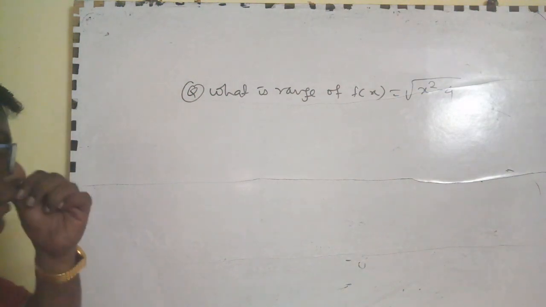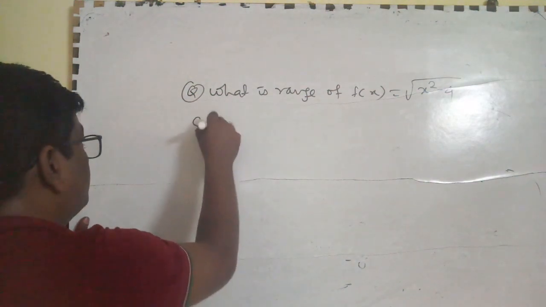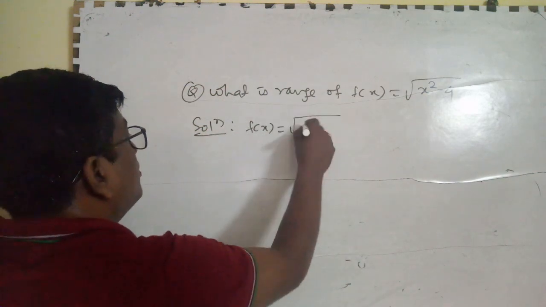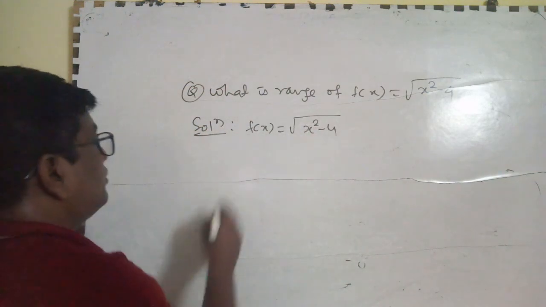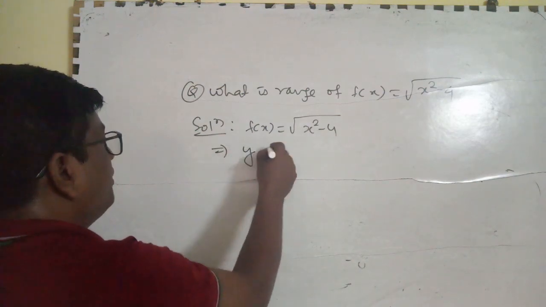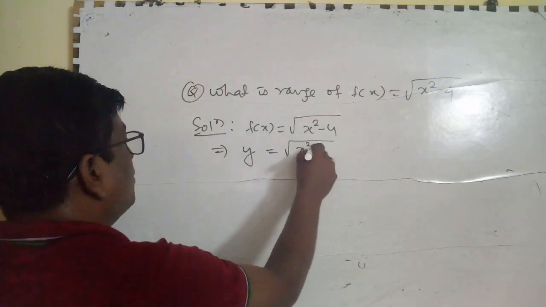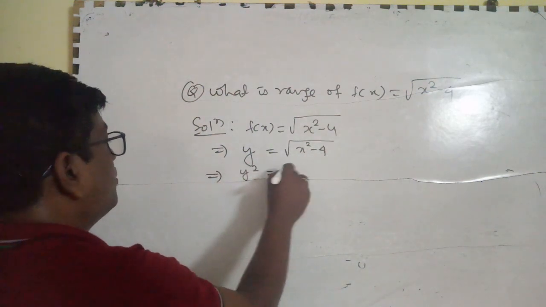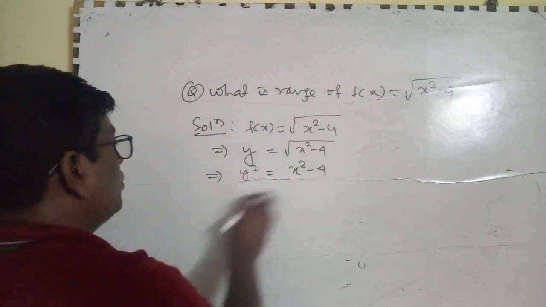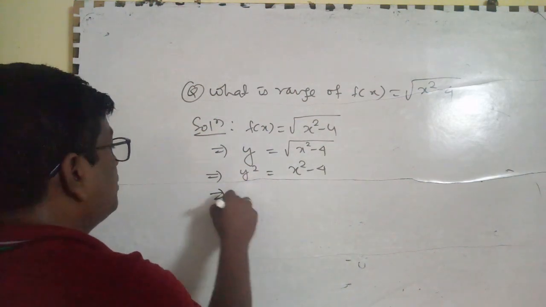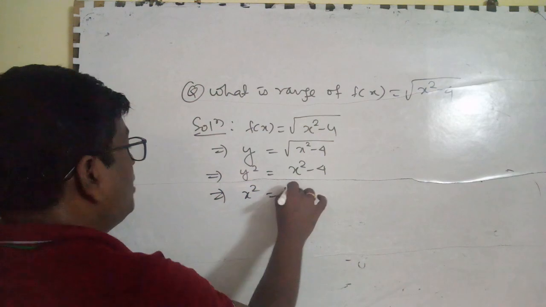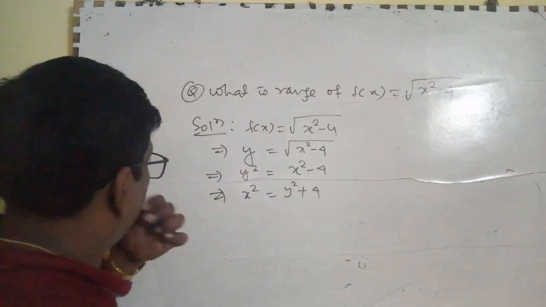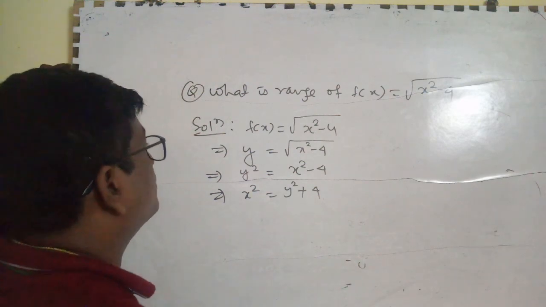Solution: f of x means y, root over x square minus 4. That implies, squaring both sides, y square is equal to x square minus 4, and x square is equal to y square plus 4.